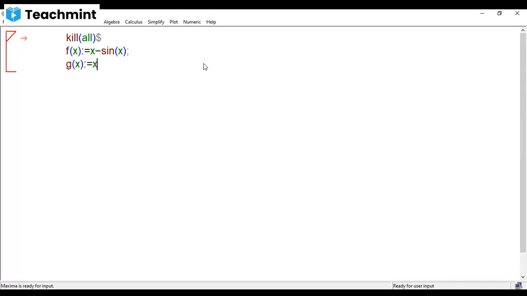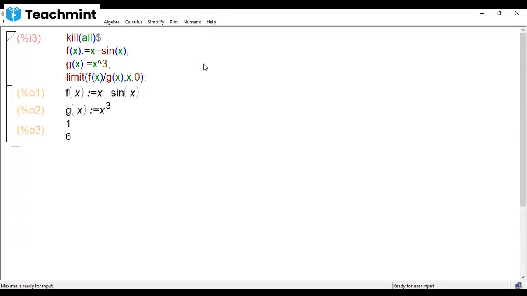Colon with equal sign x cap 3, and as usual we have to write within limit, because it is f of x divided by g of x, 0 by 0 form, f of x divided by g of x, and variable is x, so you have to separate by comma, and limit at which you are finding is 0. If you evaluate this, see, your answer is 1 by x. That is what we got.